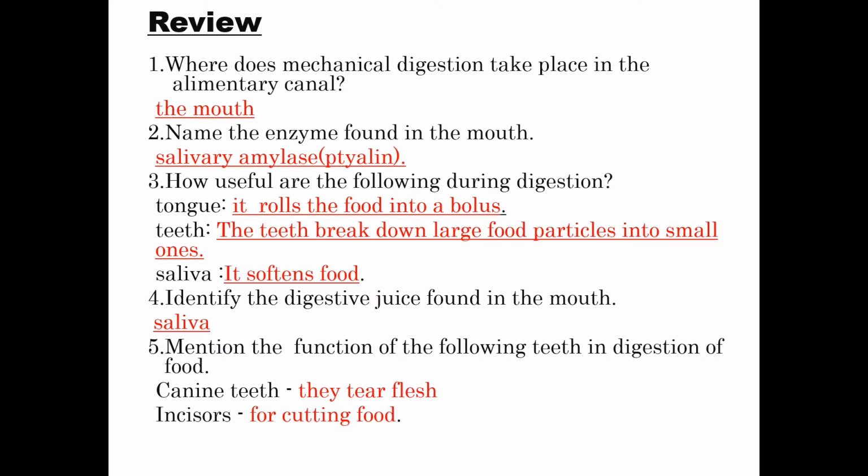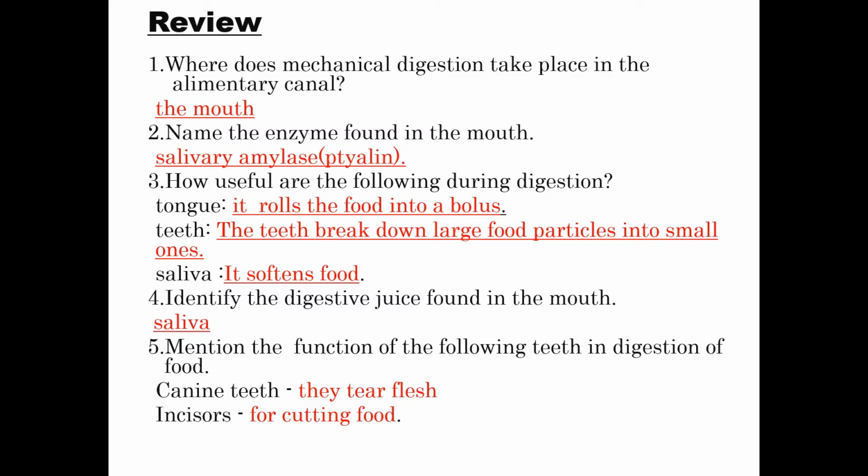So we are saying that the use of the teeth is to break down large food particles into smaller ones. 2, we looked at the saliva and we said saliva softens the food. It moistens food and it lubricates the mouth.